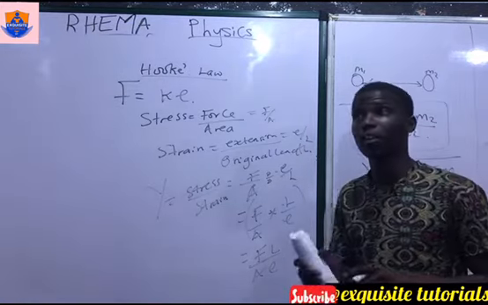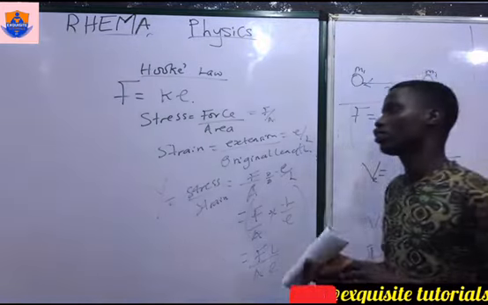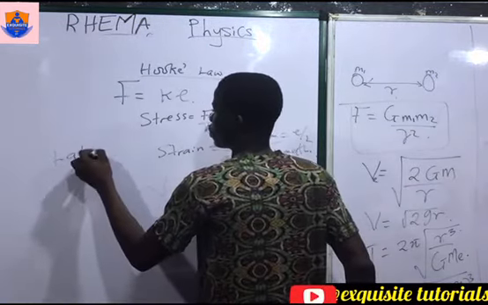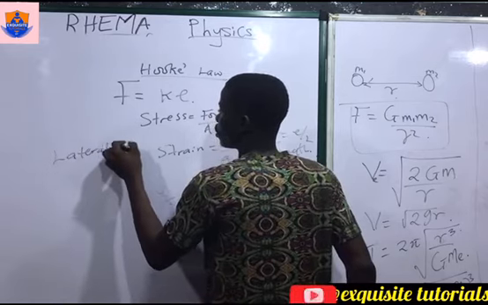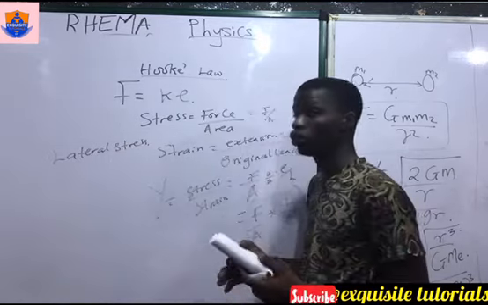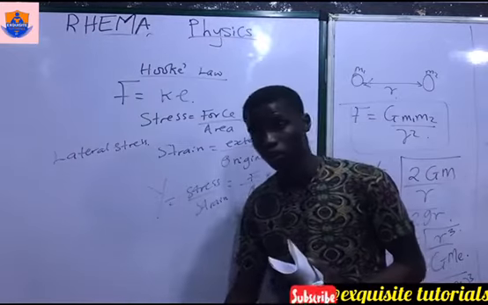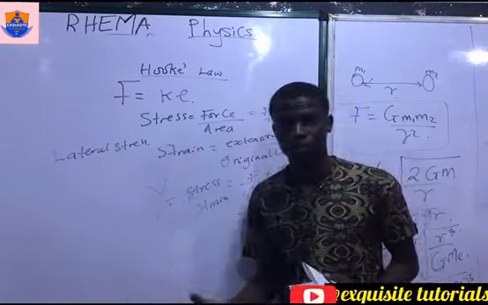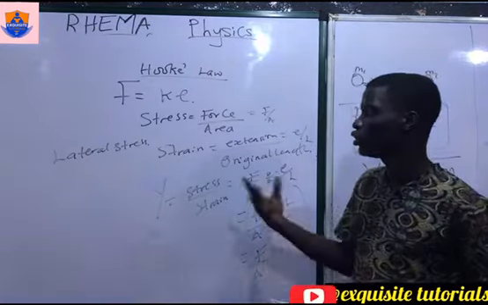Take note, whenever the lateral strain is in a ratio with the longitudinal strain, it is called the Poisson's ratio.